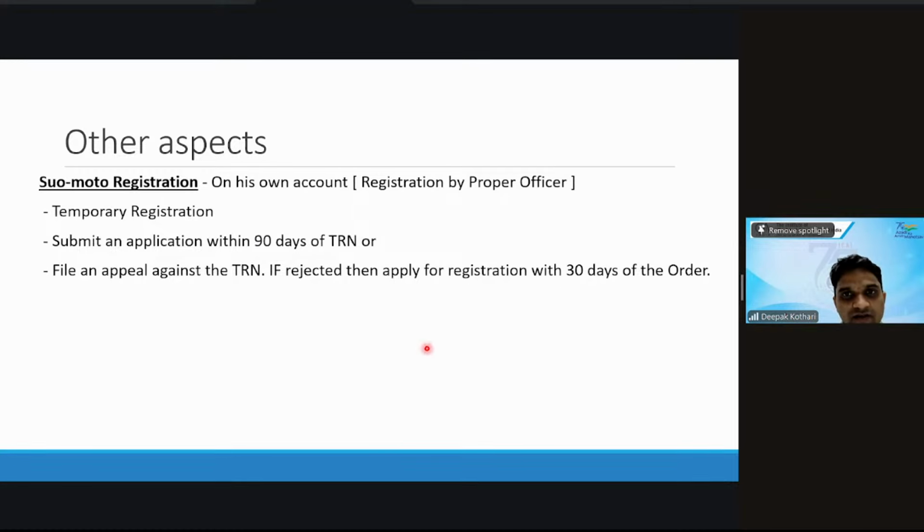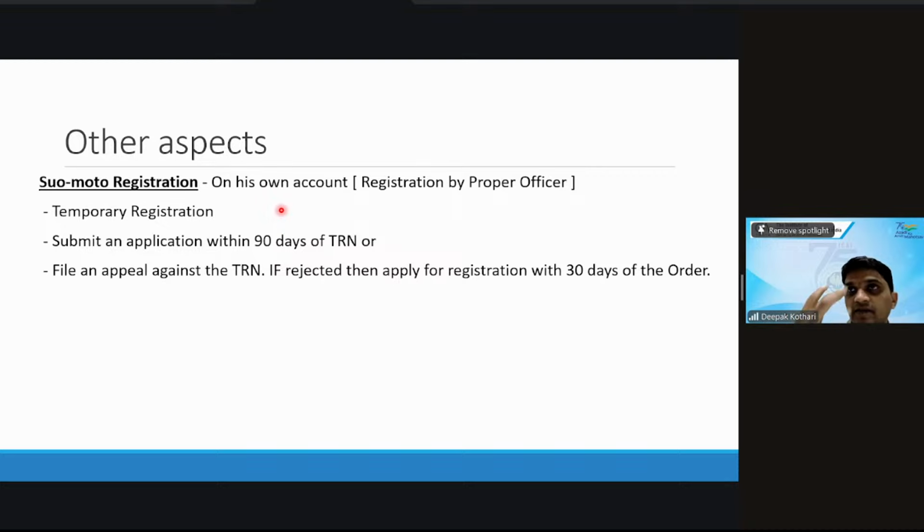Suo moto registration. Now, various types of registration we have seen: compulsory registration, voluntary registration. Now, the suo moto registration. Suo moto registration is registration on his own account.